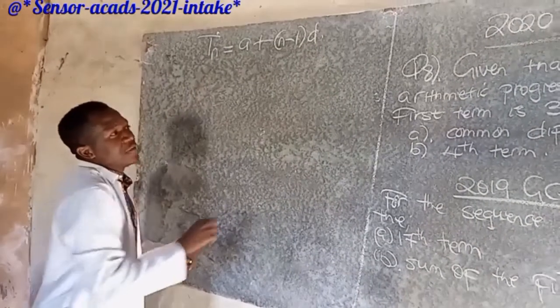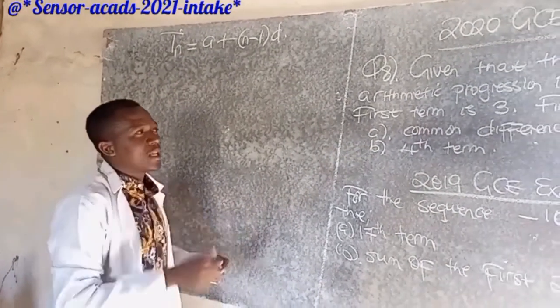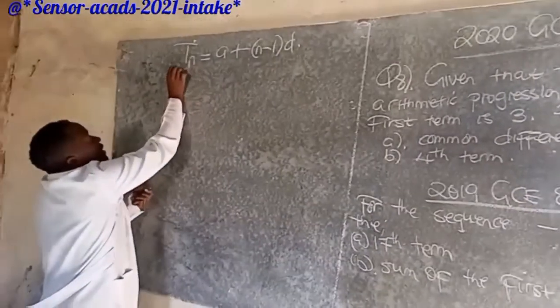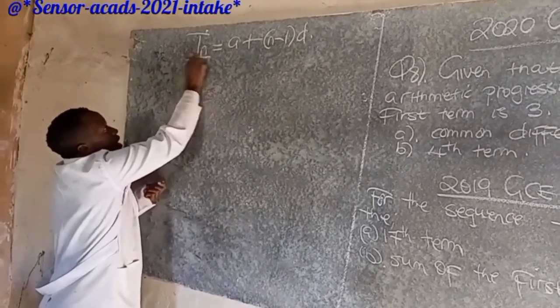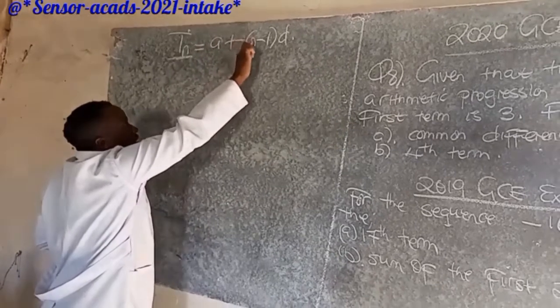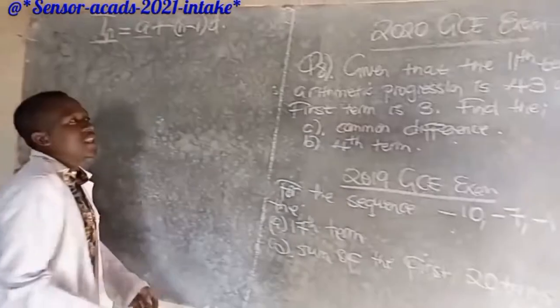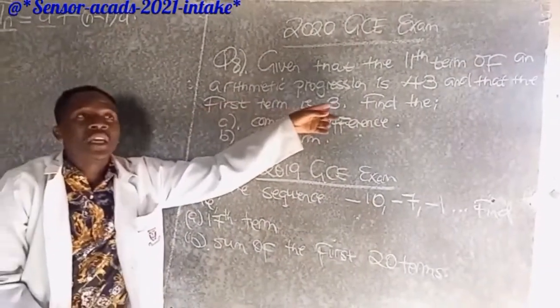But then, they've said the 11th term is 43, and the first term is 3. So the 11th term, that means they've given a number here, because we don't have n, neither do we have d. But the first term has also been given. They have said the first term is 3.